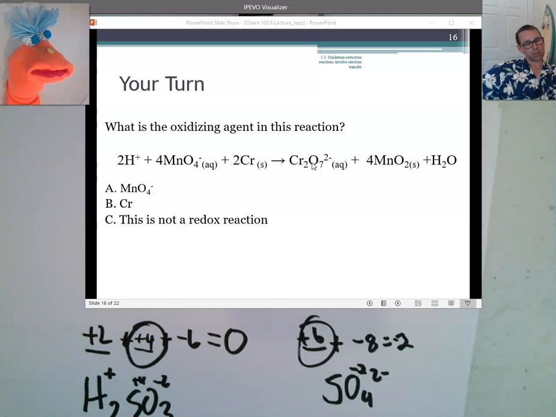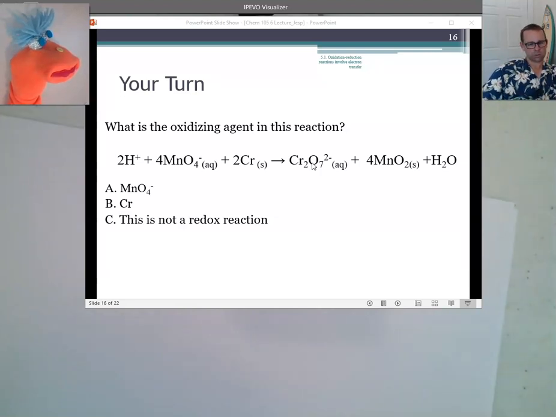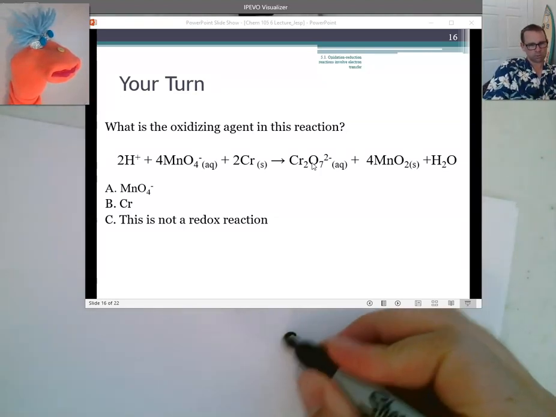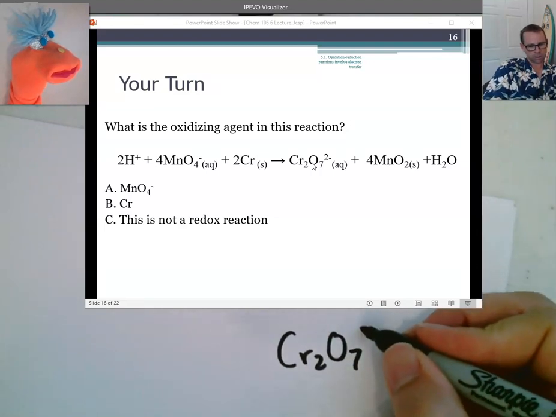What's the answer here? Well, I see that chromium starts off at 0, and then it becomes, well, I guess I don't know what the number is there. Can we find out what the number is in the chromium? All right, so Cr2O7, dichromate ion with a 2- charge.